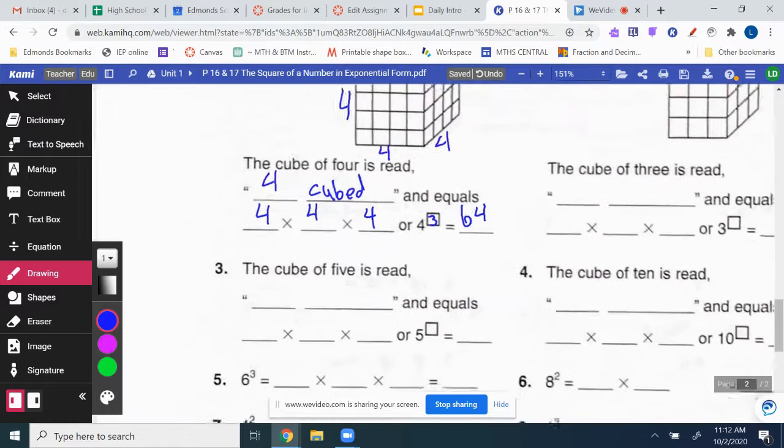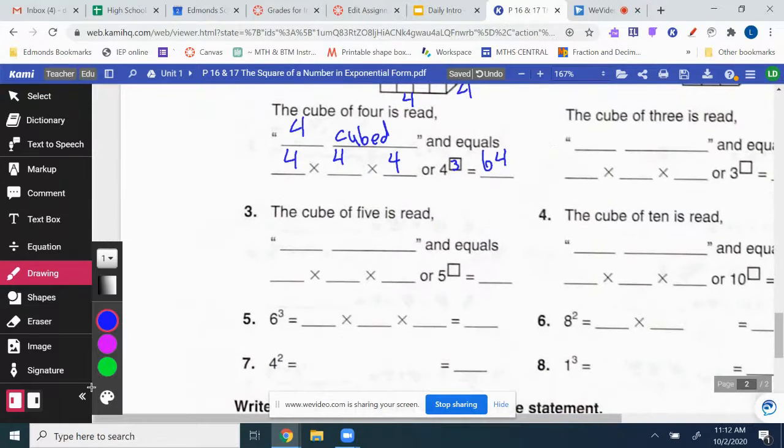The cube of 5 is read 5 cubed, or 5 times 5 times 5, or 5 to the third power. And 5 times 5 is 25, times 5 is 125.